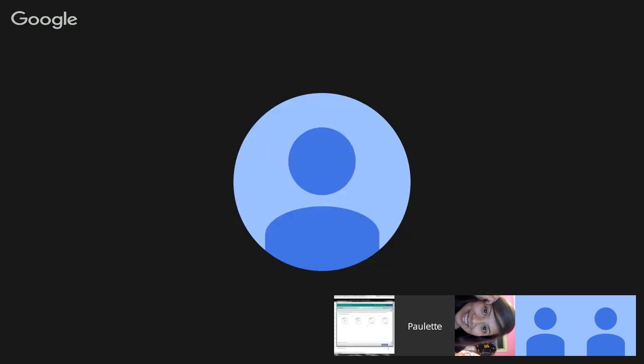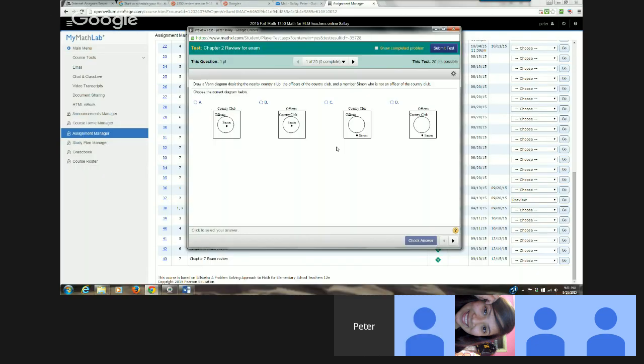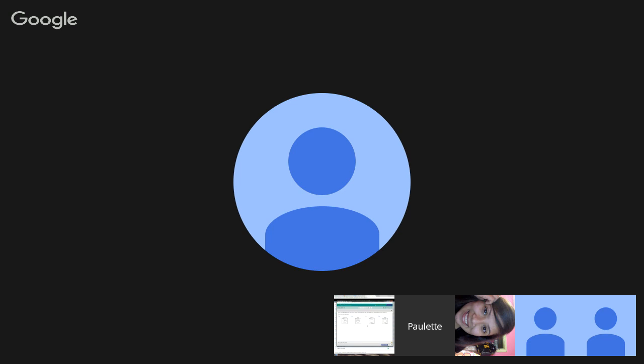Oh, okay. The circle's the officer. Right, officer like president, vice president, secretary. Yeah, but I was looking at the picture and I got confused. I was thinking officers was like the area outside of the circle, and then I was confused because Simon was in the same area.